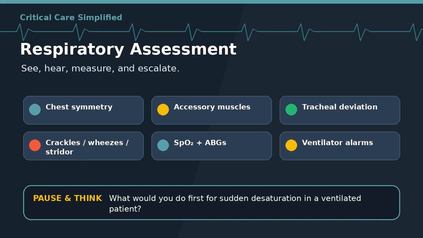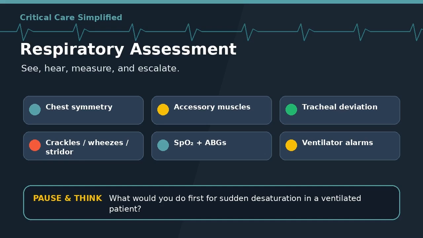Next, connect the bedside exam with technology: SpO₂ trends, ABGs, end-tidal CO2, capnography waveform, ventilator settings, peak pressures, tidal volumes, FiO2, PEEP, and alarms. A patient can be confused with a normal SpO₂ because CO2 is rising. A ventilated patient with sudden desaturation needs rapid assessment for disconnection, obstruction, pneumothorax, equipment problems, or acute lung pathology.